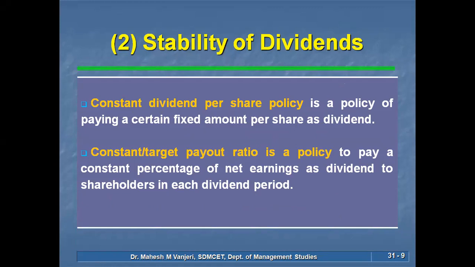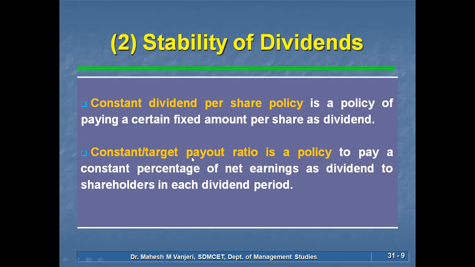So this ensures very high stability of dividends. Companies make such decisions where a very significant percentage of its equity shareholders expect a regular dividend. In such a case, it definitely helps influence the market prices of the equity shares in a positive way.